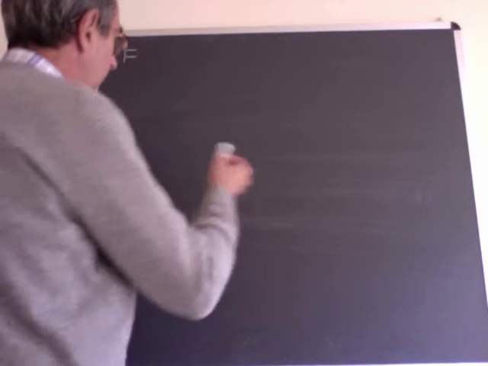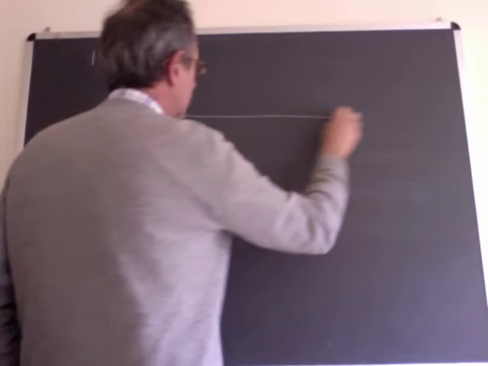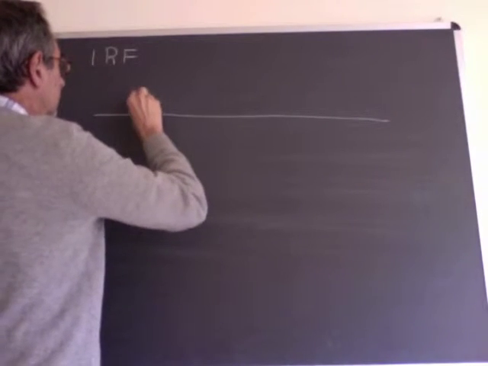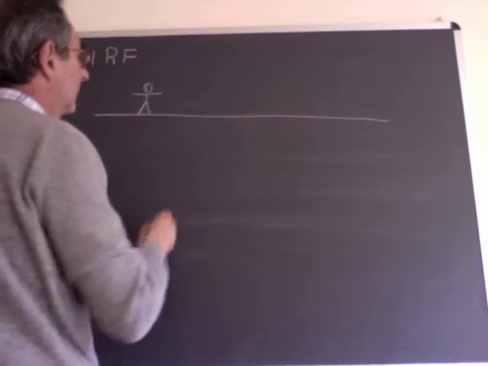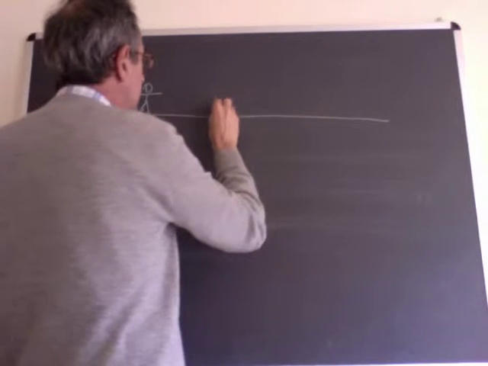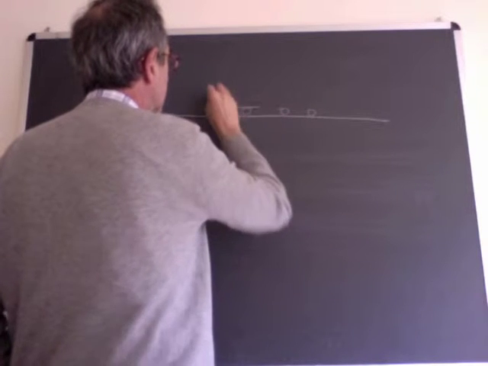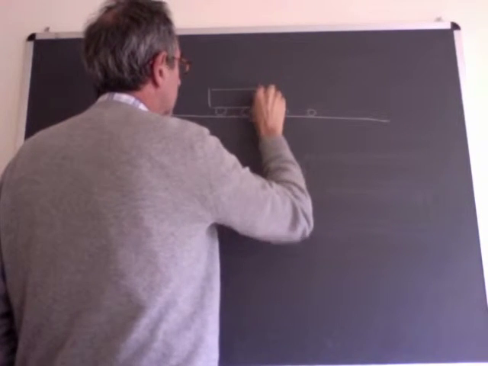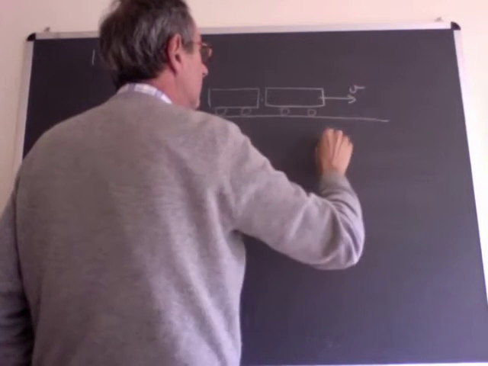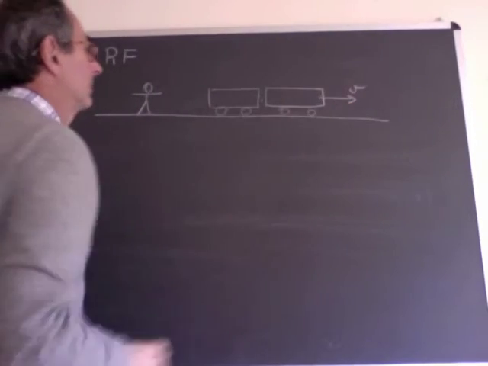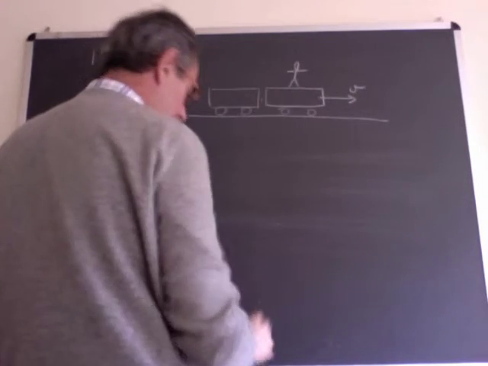So, for instance, the classical example that Einstein used is to consider a man standing still on the earth, this is the ground, and a train moving with a constant speed in a straight line. Suppose that this is moving in this direction with velocity v, and suppose that there is a passenger on the train.